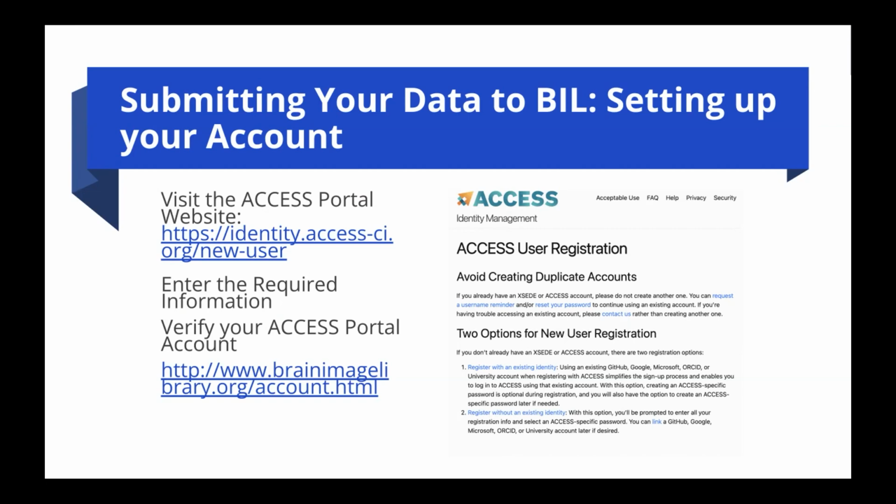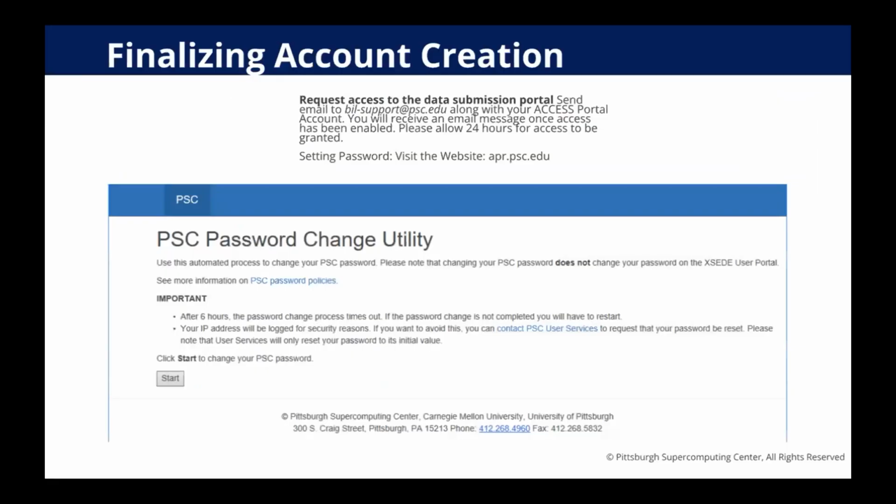So when you go through the Access portal, there's information about your institution, your name and information like that. It'll create a username and password for you. At that point, once you've created an Access account, send over a ticket to BIL support letting us know that you created an Access account, and we'll finish setting that up for you.